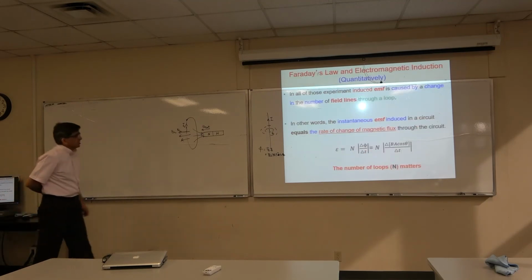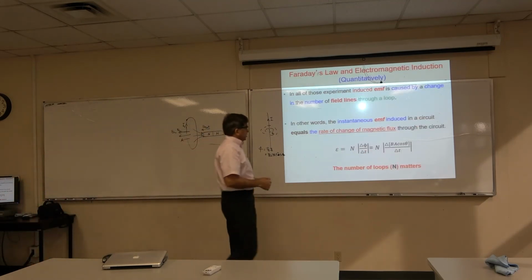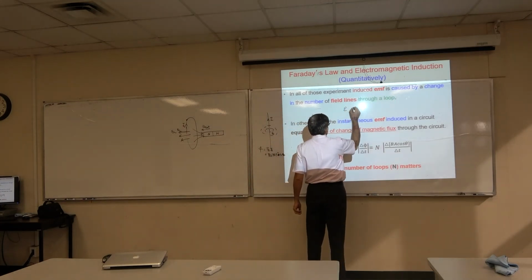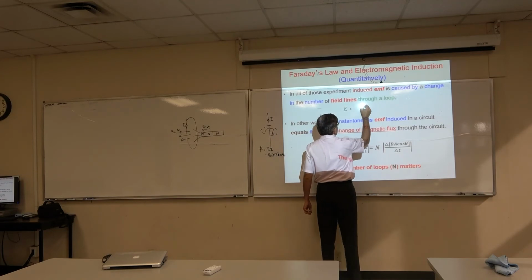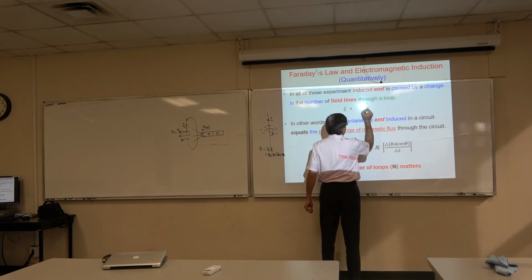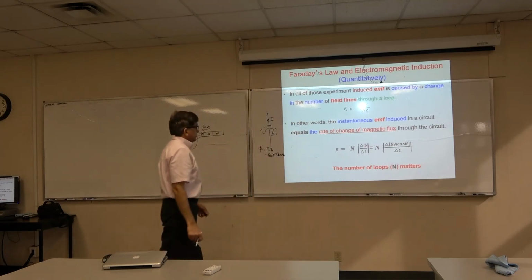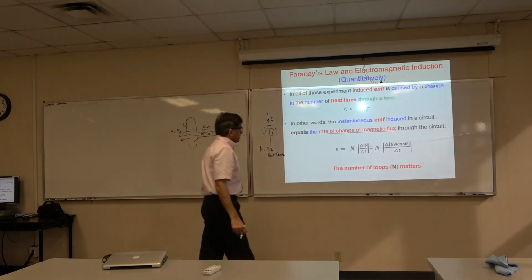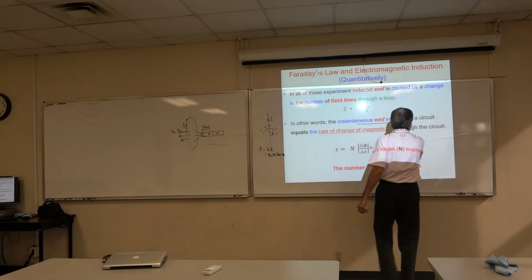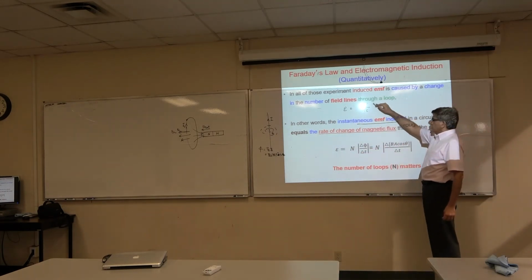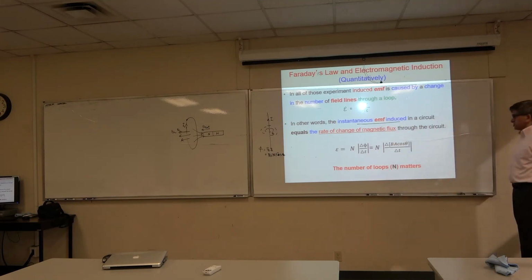Now let's put everything together. Faraday's law says the induced EMF is equal to the change in flux with respect to time. It means the induced EMF in a circuit equals the rate of change of the magnetic flux through the circuit.